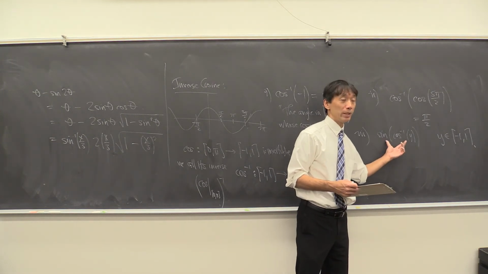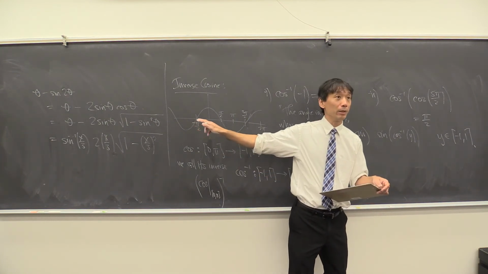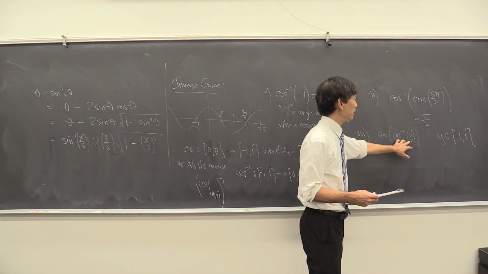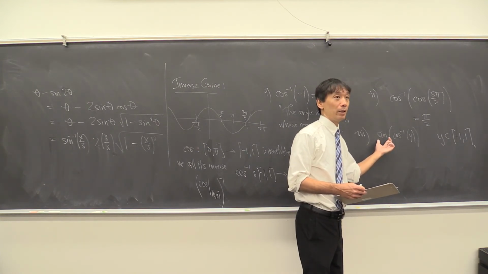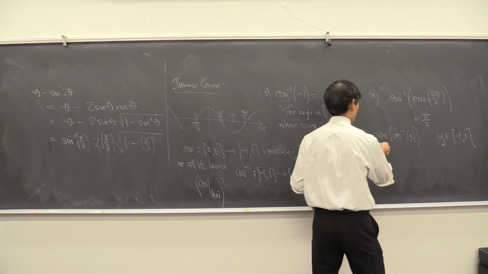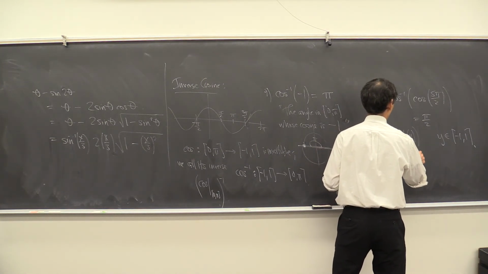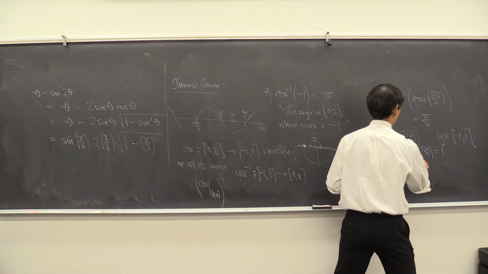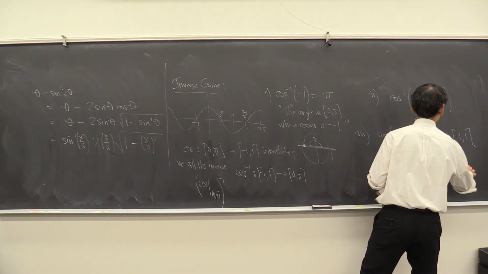So we'll approach this in exactly the same way that we did over here. We're looking at the sine of cosine inverse of y, and what we'll use is the Pythagorean identity. The Pythagorean identity says sine squared plus cosine squared equals 1.